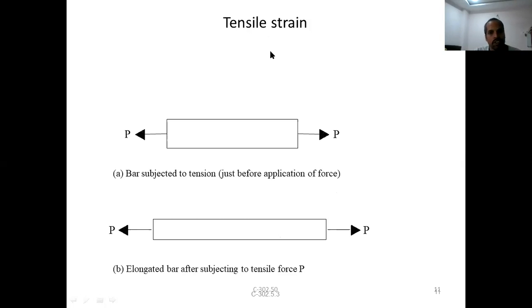Because of this tension or tensile load or pull, the bar is subjected to elongation, which means the bar elongates. Elongates means change in length, an increase in length. Due to this tensile force, the length is increased.